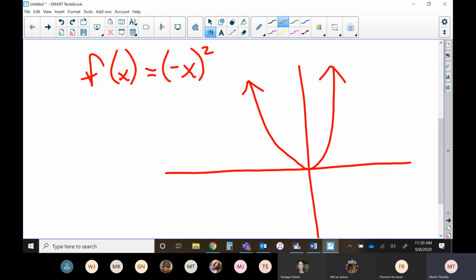It's horizontal. So this would be a horizontal flip. What's the problem with this? What happens when I flip this side to the other side? It's already there. So when you have this, it really won't change that graph, but that's not true for all of them. Like, what if I had this?